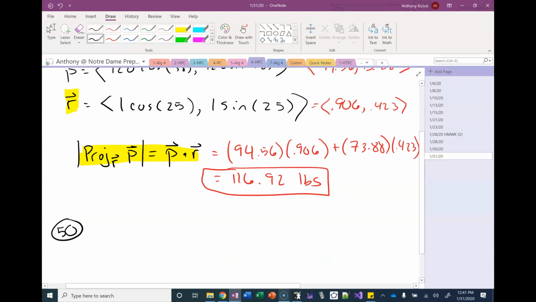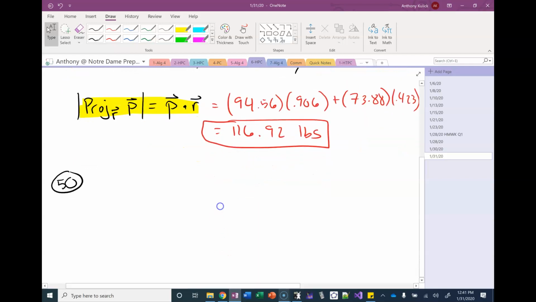So 50 says a crate weighing 80 pounds is being pulled up a ramp at an angle of elevation of 29 degrees with a force of 30 pounds. The ramp has an angle of elevation of 22 degrees. What is the amount of force being directed up the ramp? So here I read three vectors. I have the gravity vector, which is going to be the weight of the crate. And the direction of gravity is always 270 degrees.